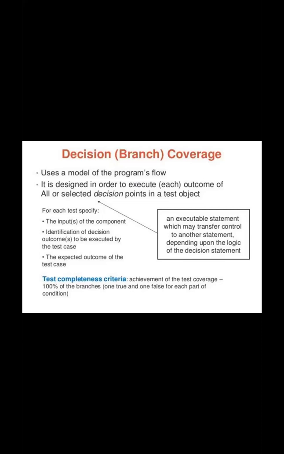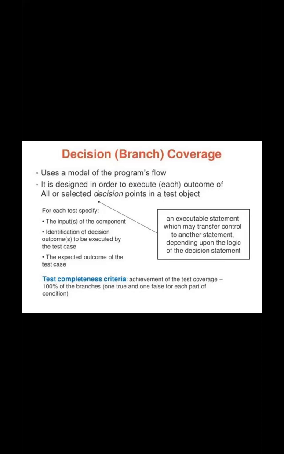In decision and branch coverage, it is designed in order to execute each outcome of all selected decision points in the test object. An executable statement may transfer control to another statement depending upon the logic of the decision statement.